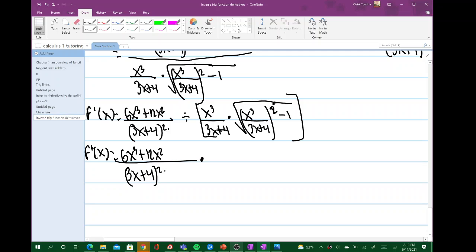Or actually, hold on, give me 1 second. It's going to be divided by, not times yet. We're not doing them times yet. So it's going to be divided by, you can rewrite this as the following.